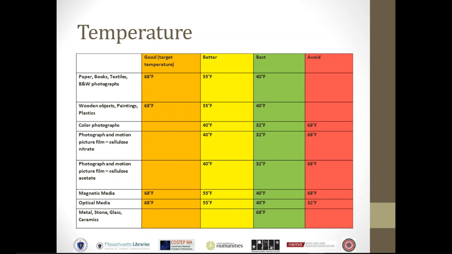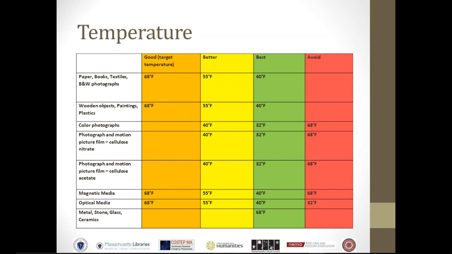As you can see, if you have an institution where you do need to have storage that's combined into public or staff spaces, the best things would really be to have paper, books, textiles, black and white photographs, because at least they will be okay at 68 degrees Fahrenheit, even though they would much prefer to be at 55 degrees Fahrenheit, and ideally at 40.